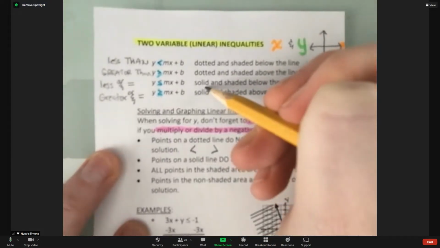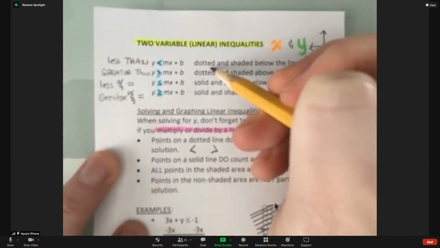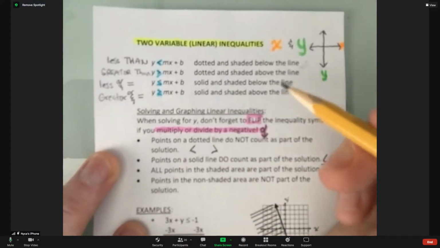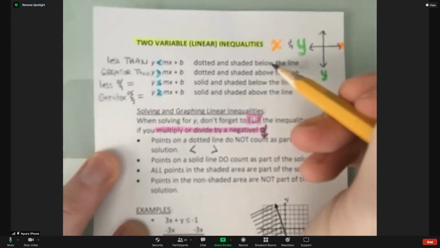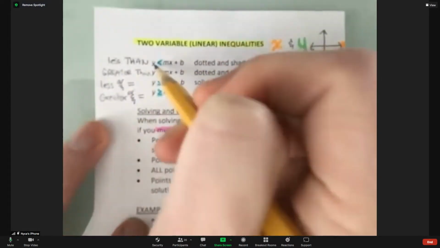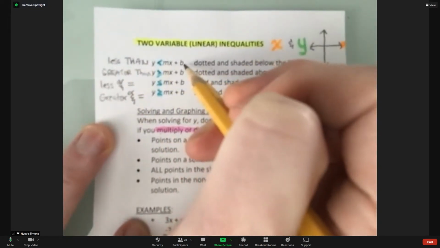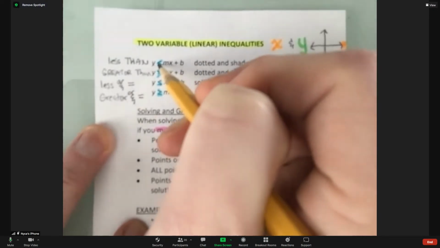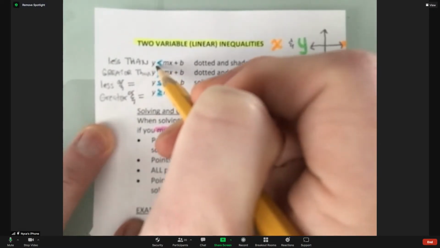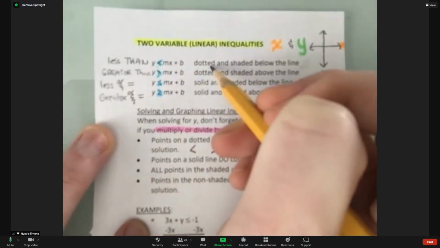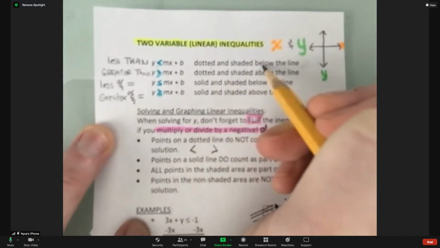Is it going to be solid or dotted? And do you shade above or below? So if you see that y is less than whatever the value is, that means that it must be less than. It's going to be a dashed or dotted line, and you're going to shade below.